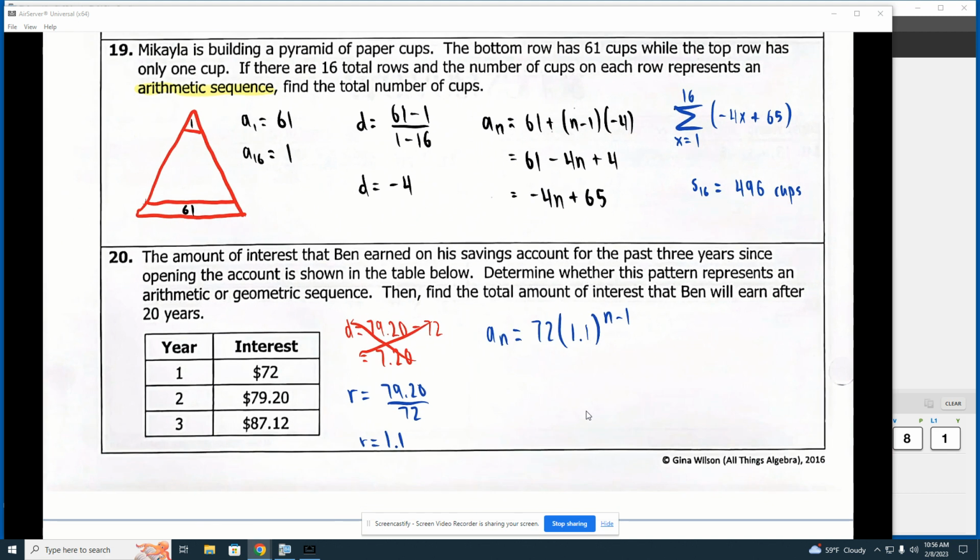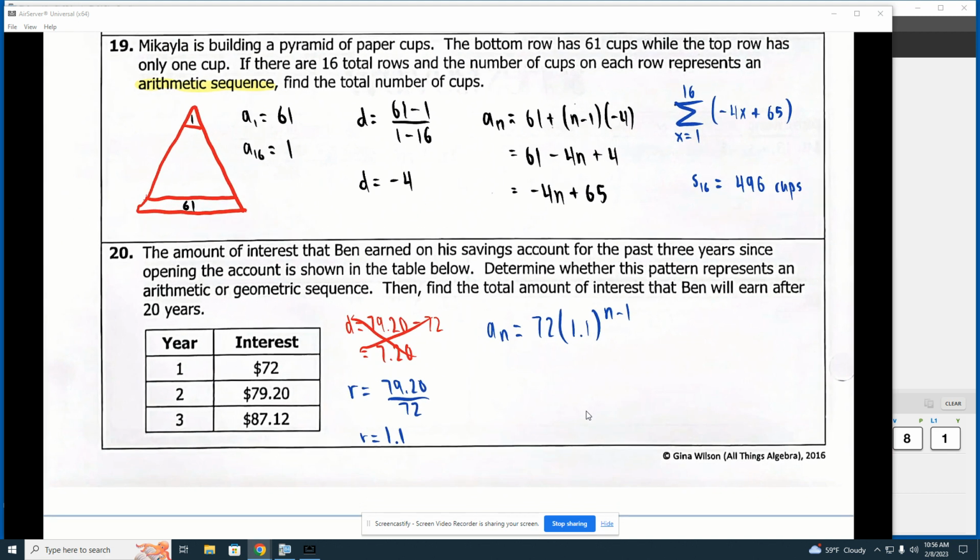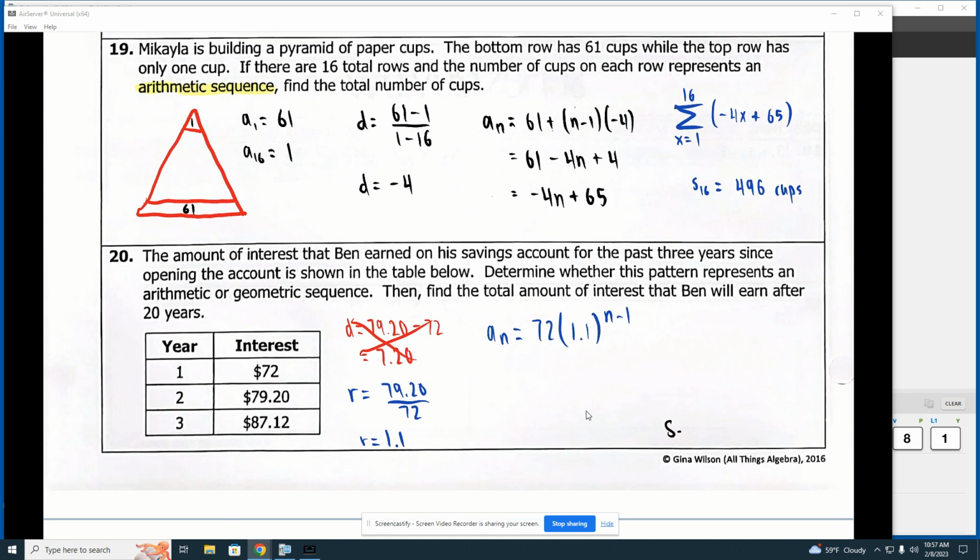So all we got to determine is what? The total amount after 20 years. So do we want to do a sub 20 or do we need to do s sub 20? It's s sub 20, right?